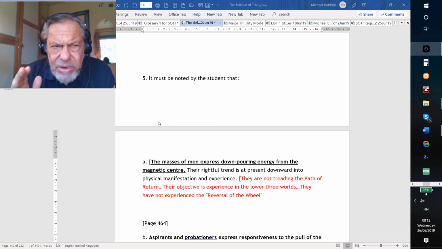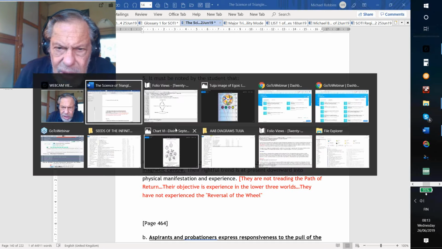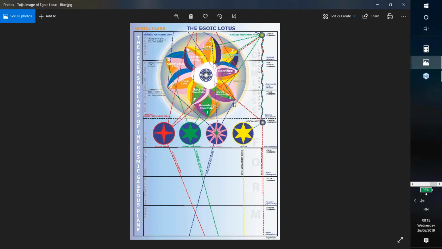And they have not experienced what DK calls the reversal of the wheel, which one of these reversals actually takes place when the 5th petal is being developed. When you come into incarnation as a 5th petal person, you can be quite selfish. By the time you leave your concentration upon the 5th petal, you're already an aspirant, or may have even taken the first initiation.